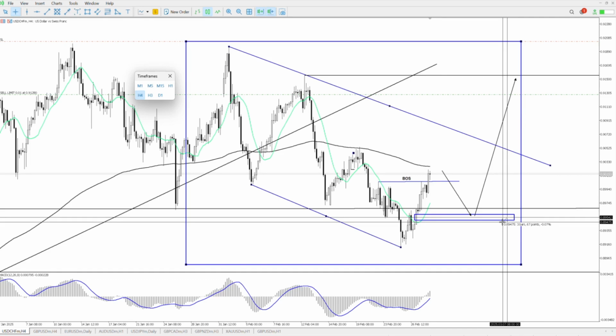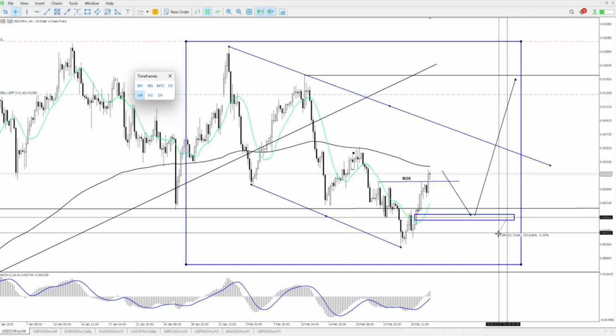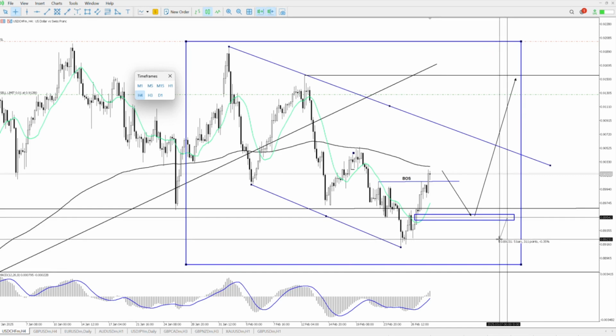Now, because I have a major liquidity at this point, there may be a tendency of price coming back to clear off this liquidity, right? So I will place my stop loss at this point to give the trade enough room to play out.